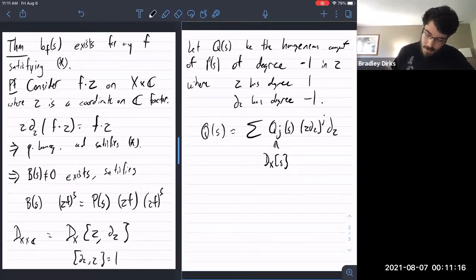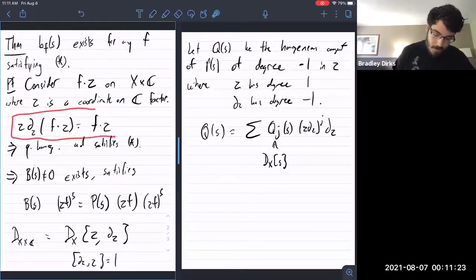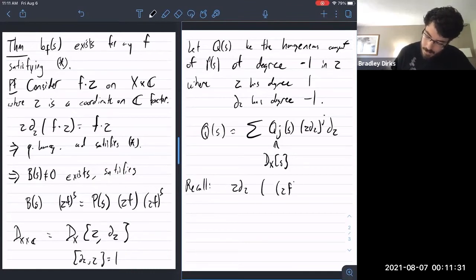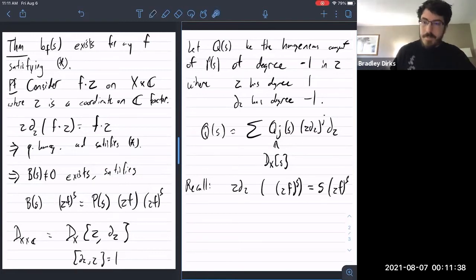I should say, remember that because z dz is like the theta that recognizes this as a quasi-homogeneous polynomial, z dz times this symbol z f to the s just gives us s times z f to the s. I think we talked about this, that's just from the differentiation rule.